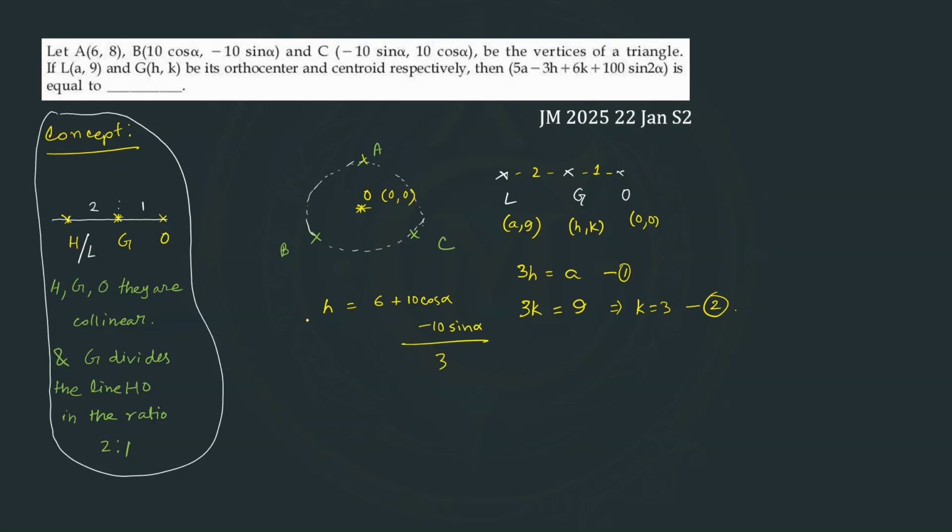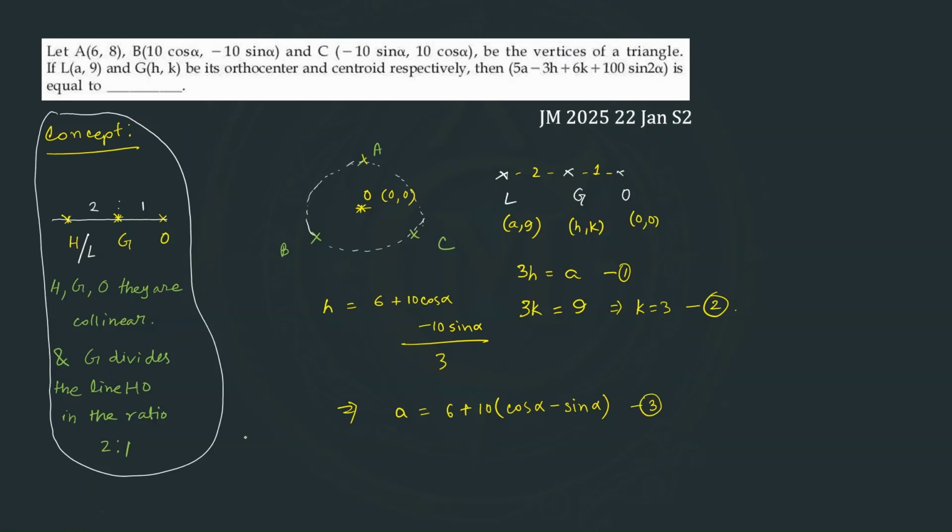That means 3h we can directly substitute from 1. So a comes out to be 6 plus 10 into (cos alpha minus sin alpha). So this is our third equation.